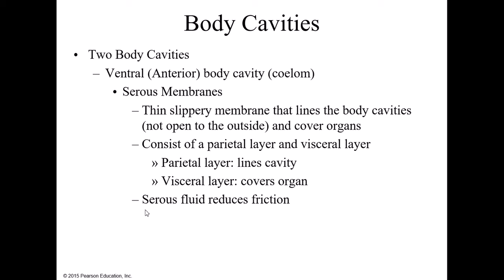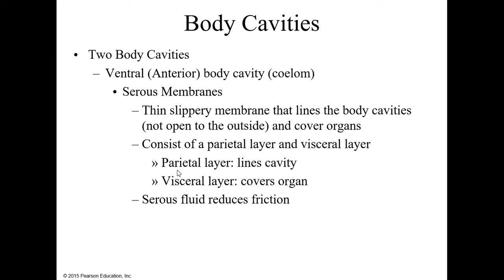The job of this lining is to produce, again, this thin, slippery fluid called serous fluid, which is going to reduce the friction. So as our hearts beat and the heart is moving in that cavity, the fluid reduces the friction. As we breathe in and out, the lungs are lined by this lining, and it's going to reduce the friction.